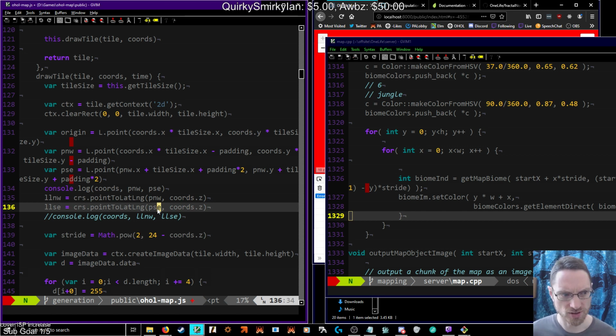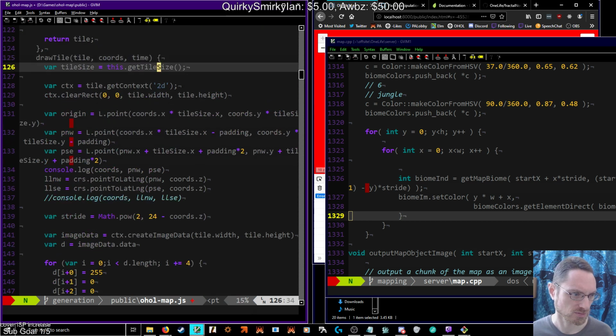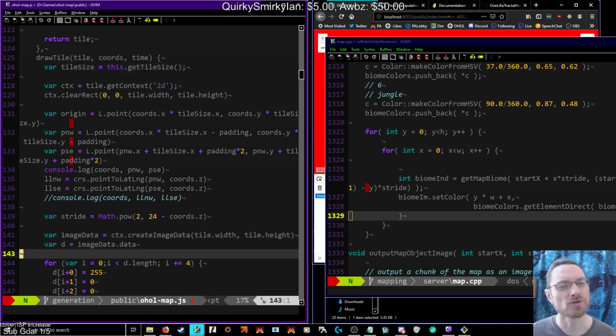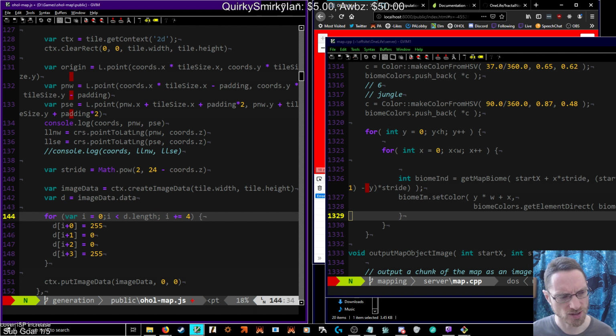So this is going in pixel space, which is fine. But we're going to have to then calculate, well, that means we could calculate back to the coordinate as well.